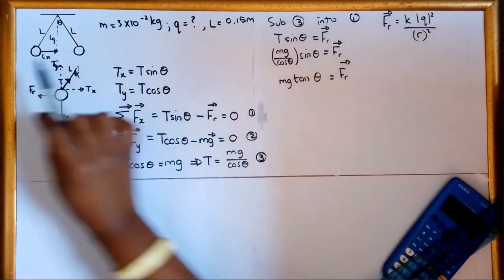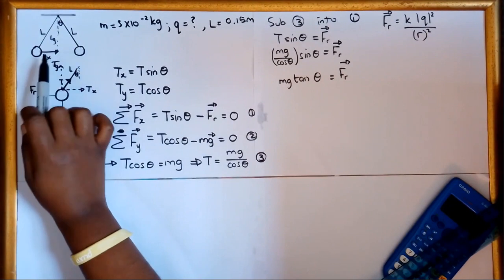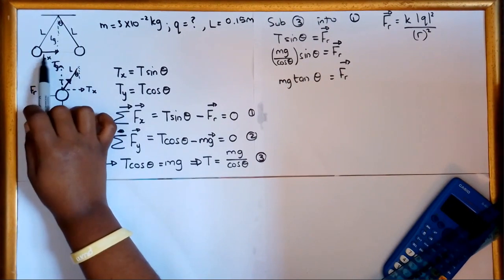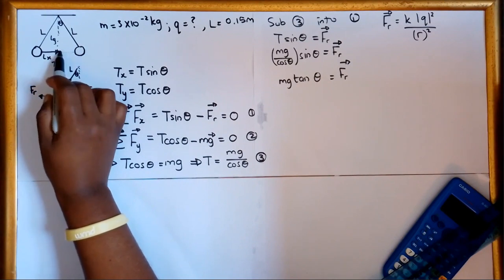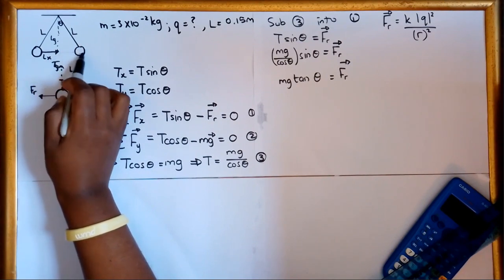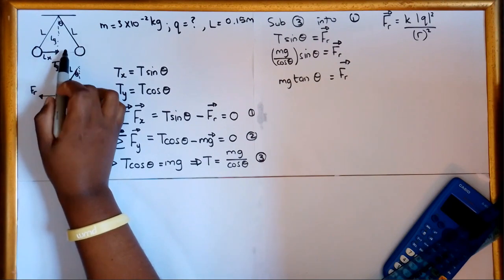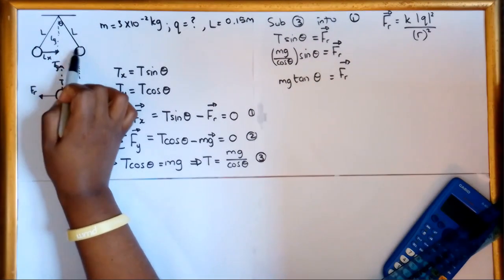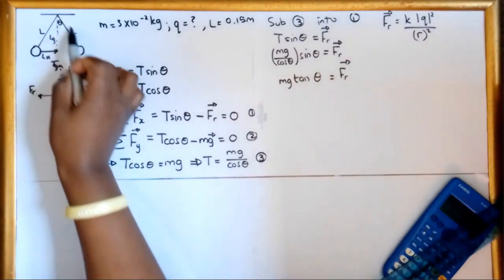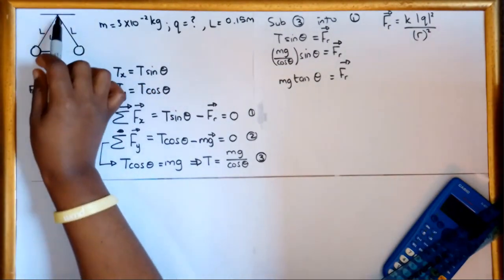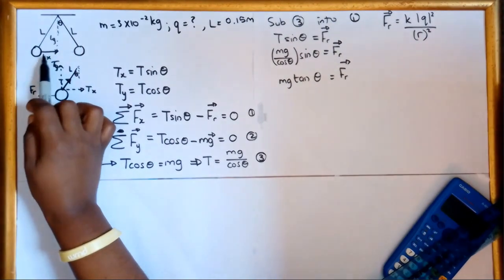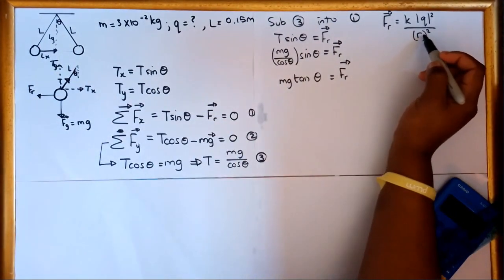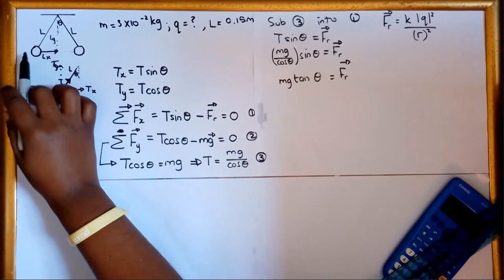So the distance between these two spheres is actually 2 times Lx, because this sphere also has an Lx going in this direction. The Lx of this sphere and this sphere is the same value because they have the same charge, the length is the same on both sides, and the angle theta is the same. So you have 2 times Lx as your distance between the two spheres.